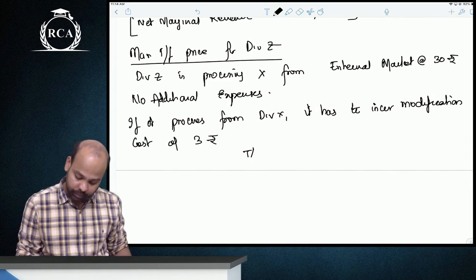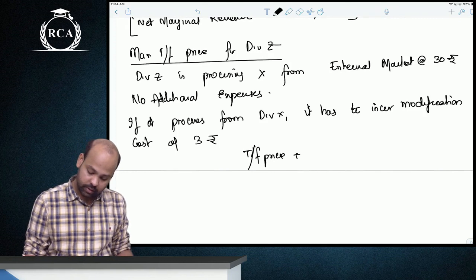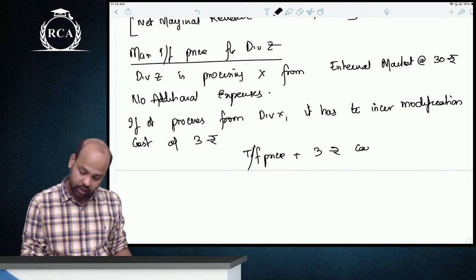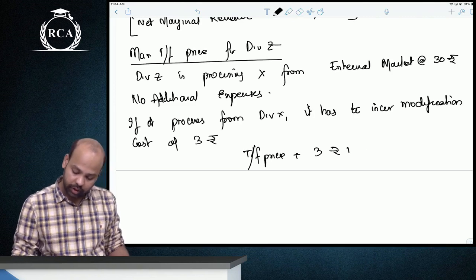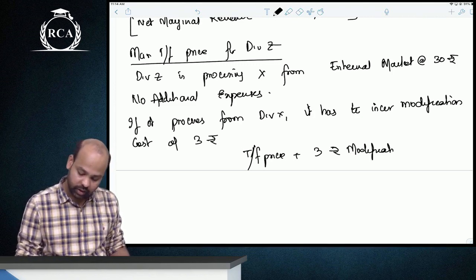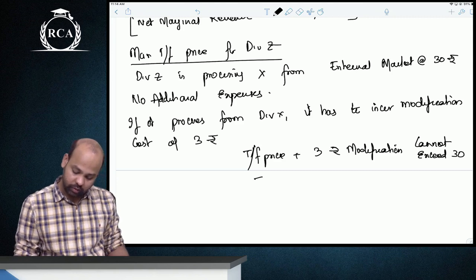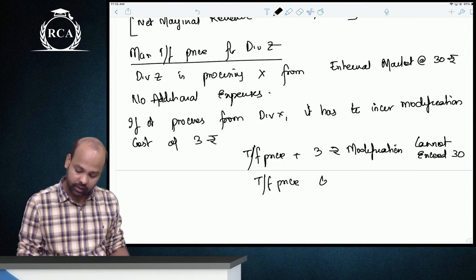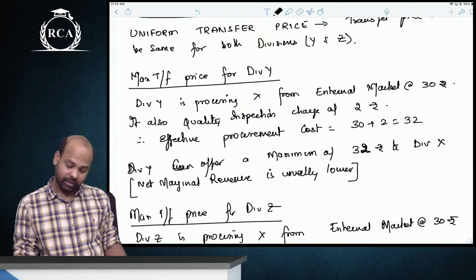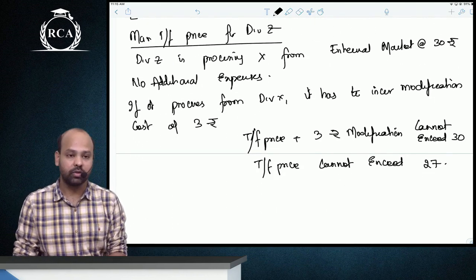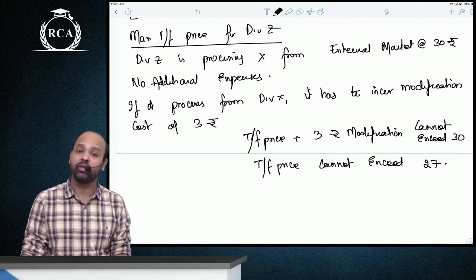So transfer price plus 3 rupees modification cannot exceed 30 rupees. So here you will write transfer price cannot exceed 27 rupees. Understood? So your transfer price cannot exceed 27 rupees, beta.